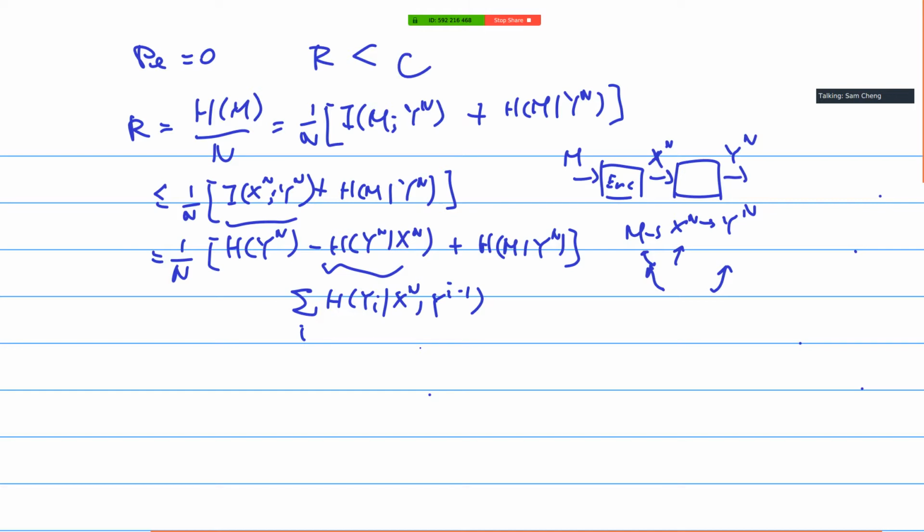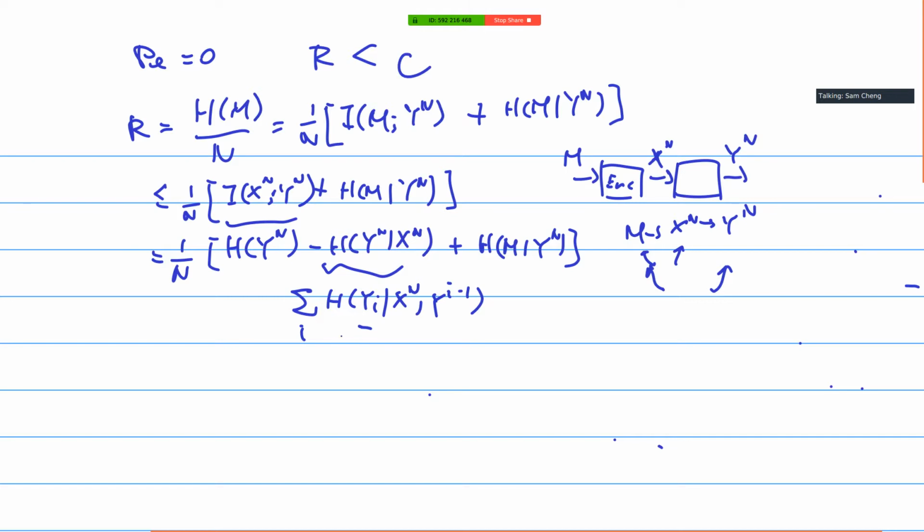Now we can use the Markov property again. Given X^n, Y_i would depend only on the incoming input to the channel, because the channel is memoryless. The output at the i-th instance, Y_i, given the current input X_i, should not depend on anything else.